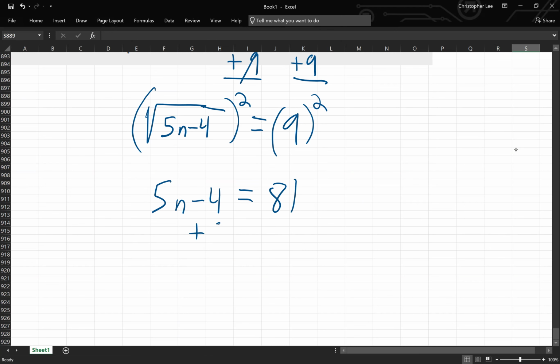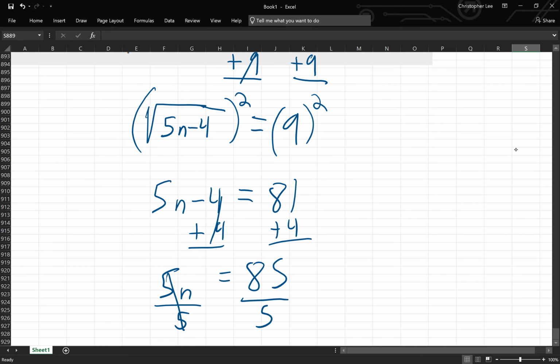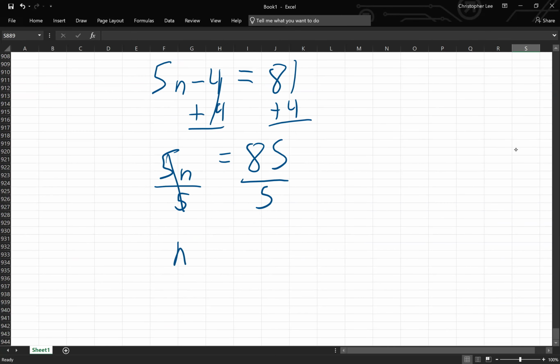Then you're going to add 4 over here, which you do to one side, you do to the other. So now I have 5n is equal to 85. Then you want to divide by 5. And now what do we have? We have n is equal to, what's that? 17, I believe.